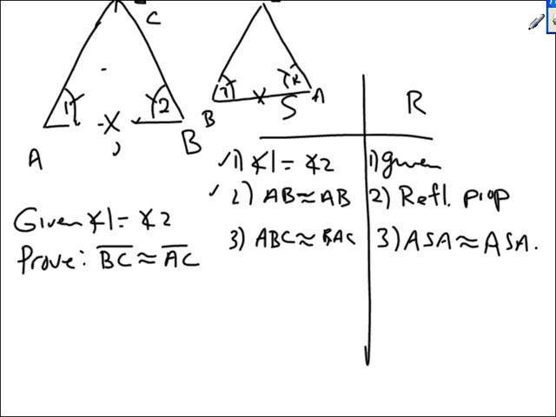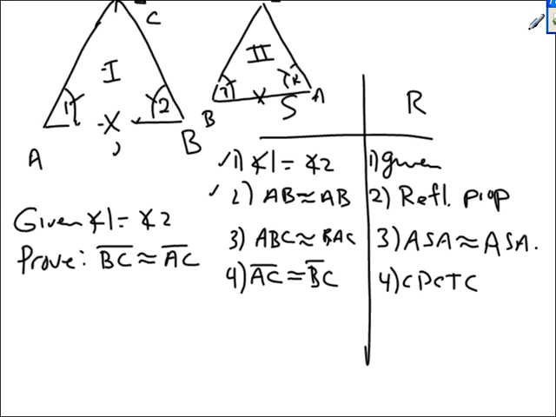So now these two triangles, triangle 1 and triangle 2, they are congruent. And now I can say that AC and BC are corresponding parts and hence are equal. Corresponding parts of congruent triangles are congruent.